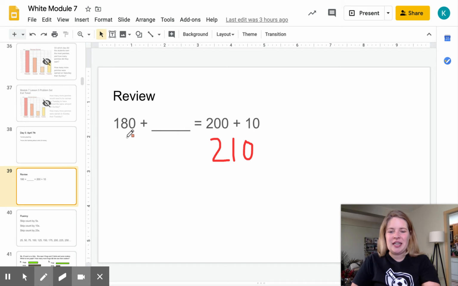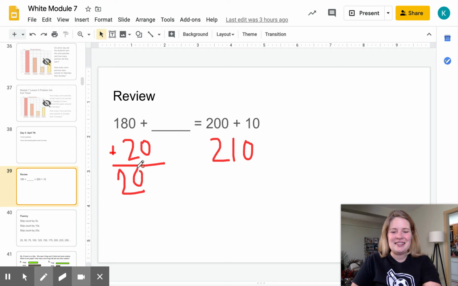Let's take a look at 180 now. How many tens is 180 away from 200? It's 2 tens away. 180 plus 2 tens, or 20, is 200. Good job. Excuse Miss White's sloppy writing.